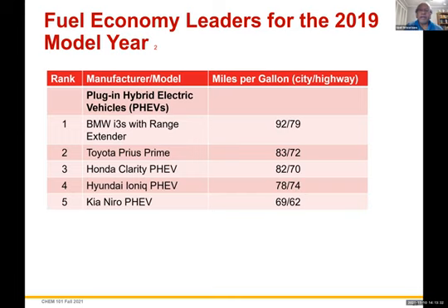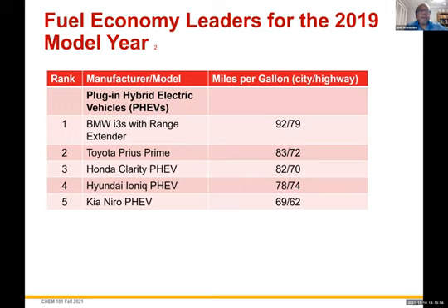Plug-in electrical vehicles have much higher mileage than the hybrid vehicles. I'm sorry, than the hybrid vehicle. Electrical vehicle still has the higher mileage.